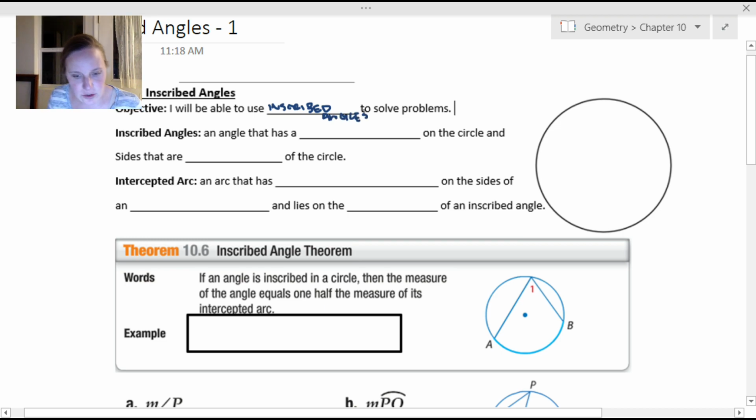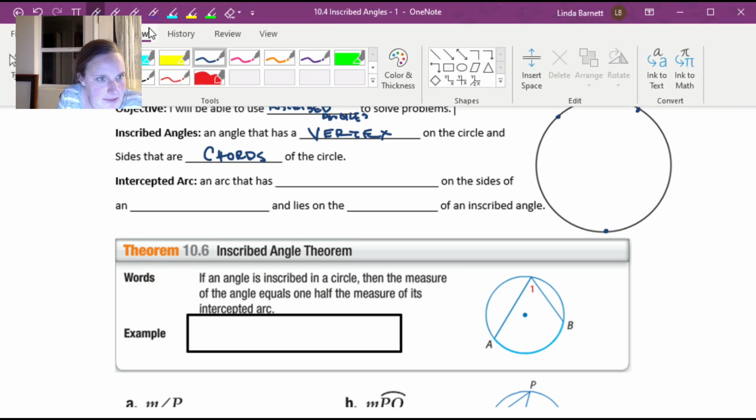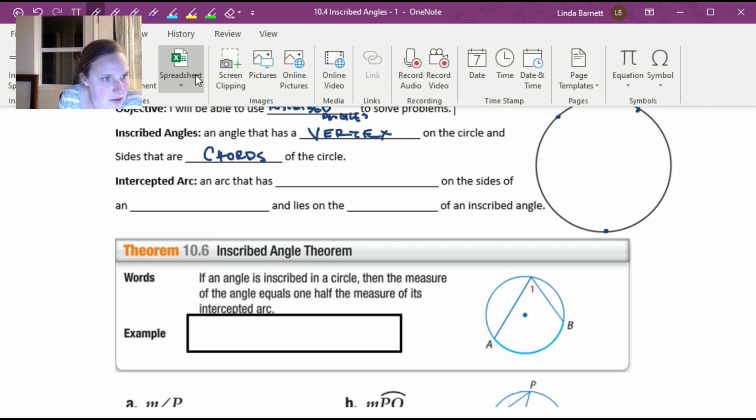It's an angle whose vertex is on the circle and the sides are chords of the circle. So if we have, this is going to be the vertex, and then these are the sides. The inscribed angle, let's see if I can insert a line.